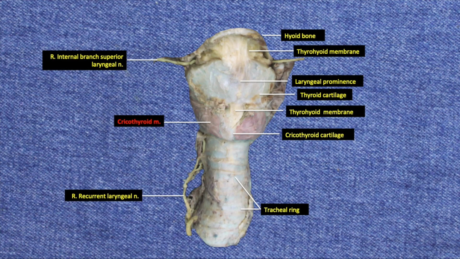Note that the recurrent laryngeal nerves are located lateral to the trachea. The golden rule when performing a tracheotomy is stay to the midline. Now you know. This now completes the dissection of the larynx.